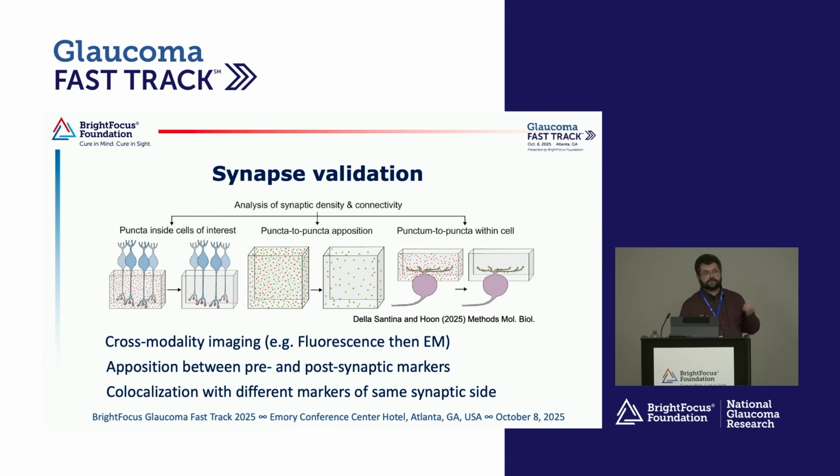Think about looking at the axons of amacrine or bipolar cells in the inner retina. You could be taking an approach that is more agnostic of the cell type and looking at every possible synapse and how it's aligned with pre- and postsynaptic sites. Or you could just look at the dendrites, for example, of a ganglion cell that is in glaucoma and look exactly where the input synapses are.